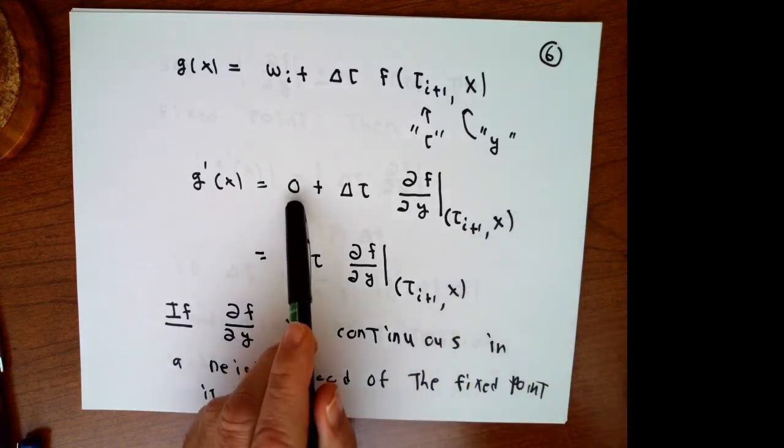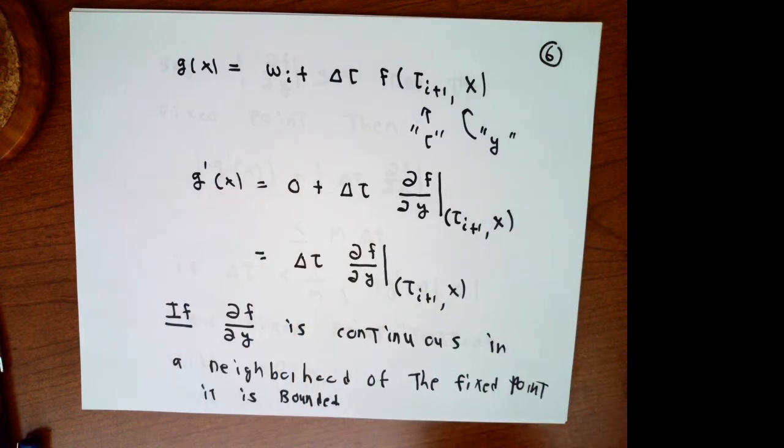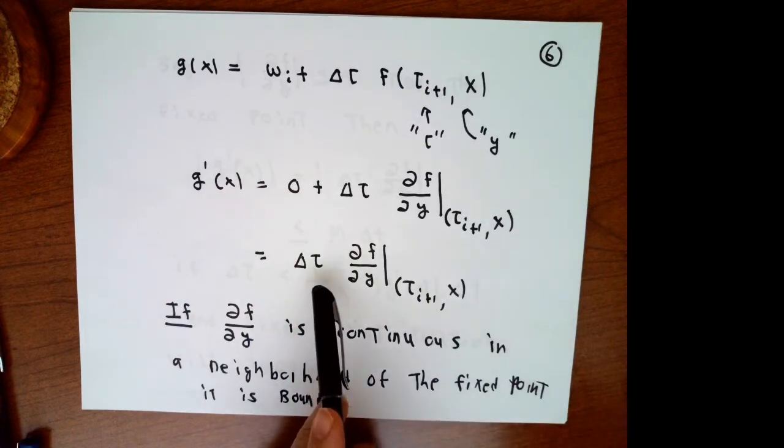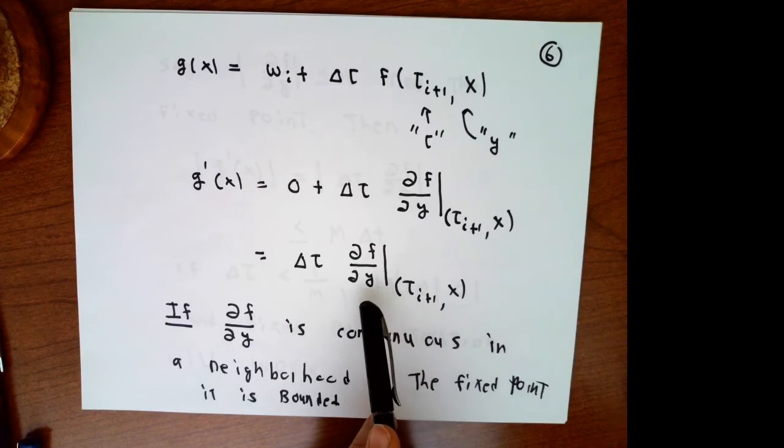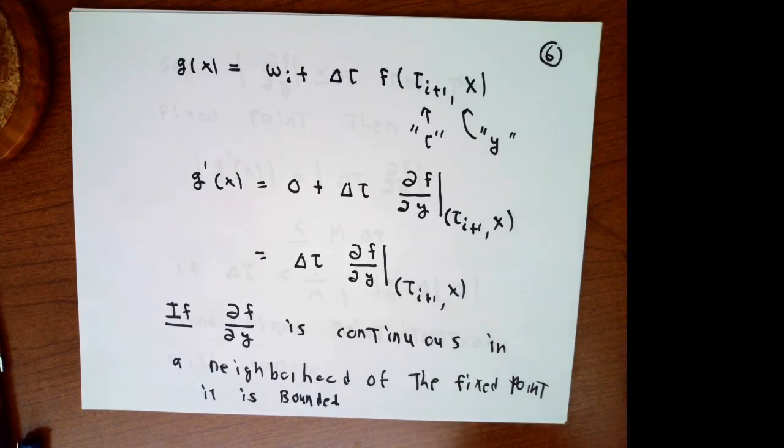Since this is 0, g prime of x is delta t times the partial of f with respect to y, evaluated at ti plus 1 comma x. Suppose that the function f had a continuous partial derivative with respect to y in some closed region that contains the solution.